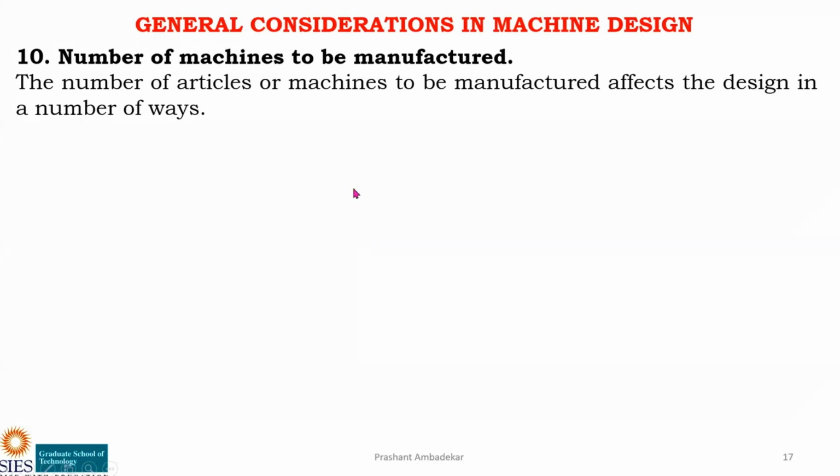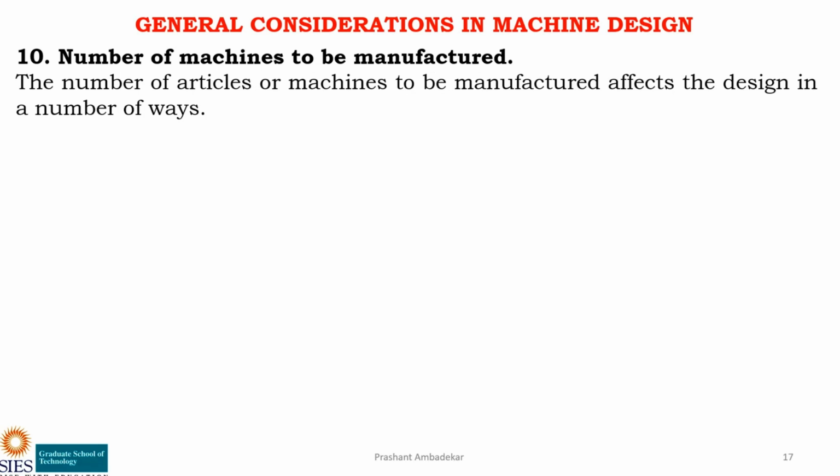Then the number of products to be manufactured. For example, if the product is to be manufactured in lots, then a new machine can be purchased. Suppose there are lakhs of pieces of a particular product to be manufactured, then a new machine which is required for that purpose can be procured.